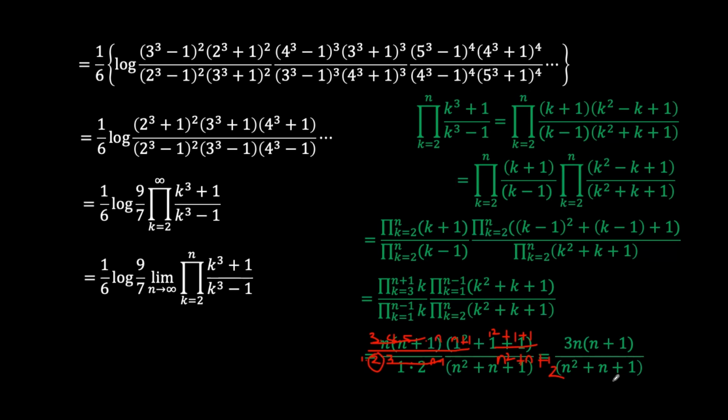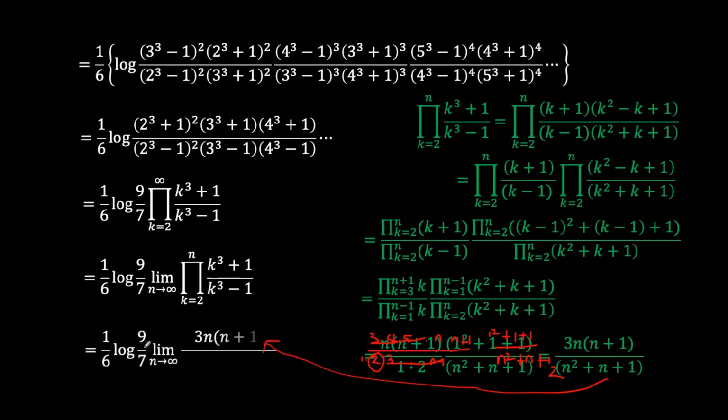So we can now just bring this here, and that is 1 over 6 natural logarithm of 9 over 7, limit of n tending to infinity of 3n times n plus 1 over 2 times n squared plus n plus 1. Very interesting.